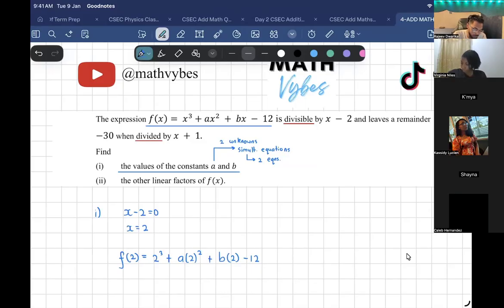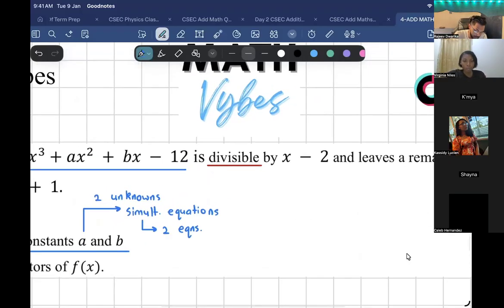Now why are you telling me it's equal to 0? There's a reason. How do you know that? Let's say it's divisible by x minus 2 and has no remainder. If something is divisible, will it leave a remainder? No, because it's a factor.